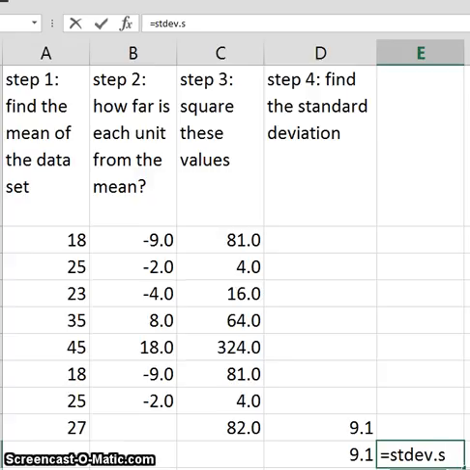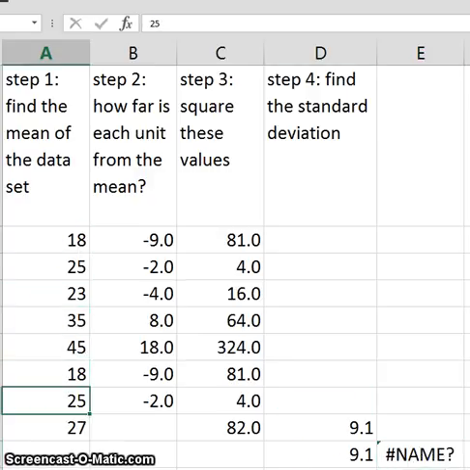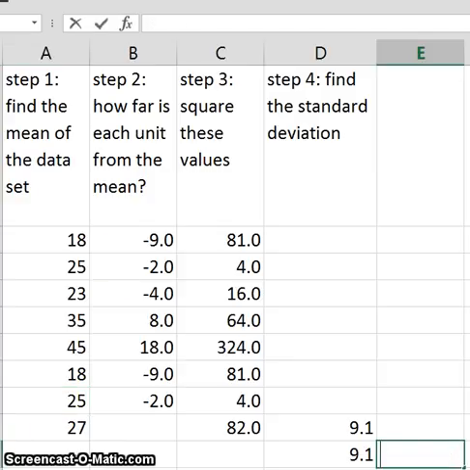So however many units you have in your sample minus 1 is how this standard deviation of the sample is calculated. But since we only have 1, 2, 3, 4, 5, 6, 7 students in our class, this is the entire population, and we won't use that formula.